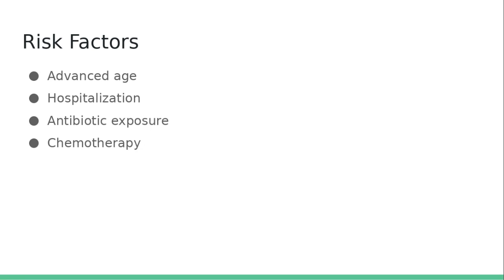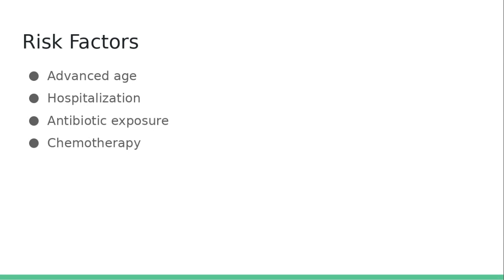This is more common in the elderly, considering they have longer and more frequent exposures to healthcare settings, which increases their risk. And then with the exposures to healthcare, they most importantly have a higher use of antibiotics, and that's the most important modifiable risk factor for the development of CDI: exposure to antibiotics.